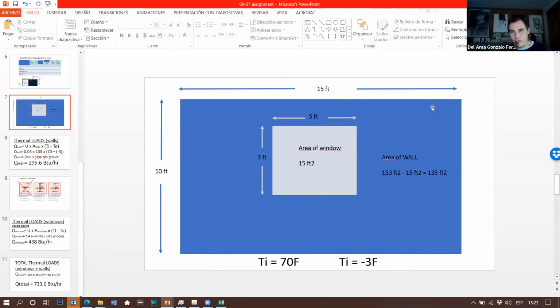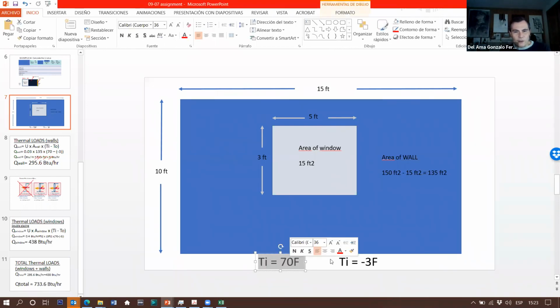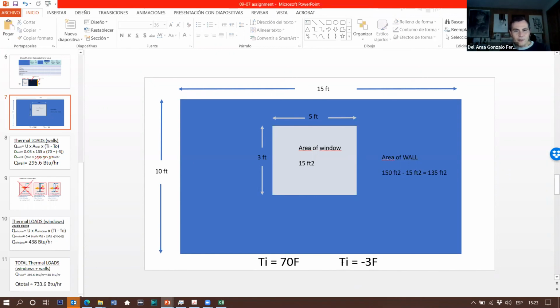But be careful, because you have to subtract the area of the window. So we have area of windows, area of walls. We have the indoor temperature, and we have the outdoor temperature. So this is always something that is given. And depending on where we are working, if we're in Florida, probably we won't use -3. I don't know what the minimum temperature in Florida is.